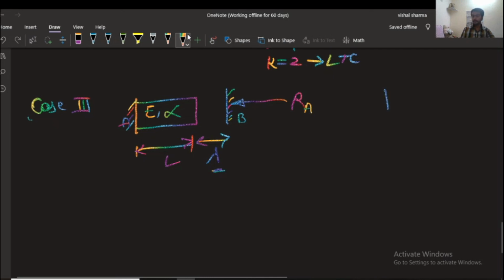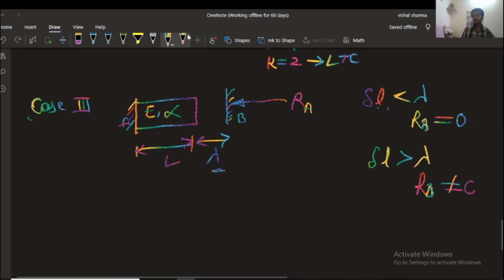So we can conclude from here that if the change in length is less than lambda, then the reaction force will be equal to 0. But if the change in length is greater than lambda, then the reaction force at the B point, not the A point, is definitely not equal to 0.